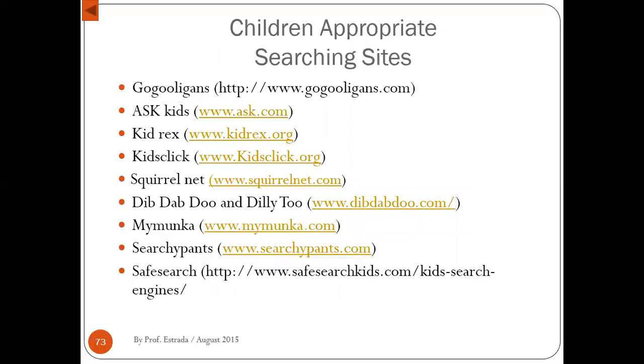Most of us are used to searching the internet using tools like Google or Bing or AOL, and we forget that a lot of the results that may appear in a search may be inappropriate for children. A way to avoid having children be exposed to adult or inappropriate material is to have the children use a search engine built for children.